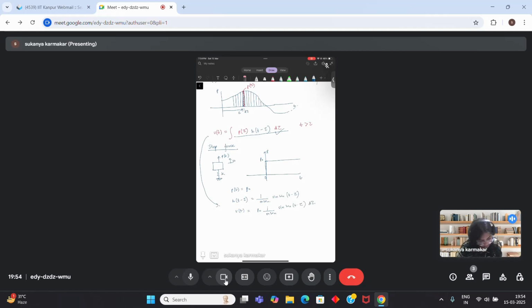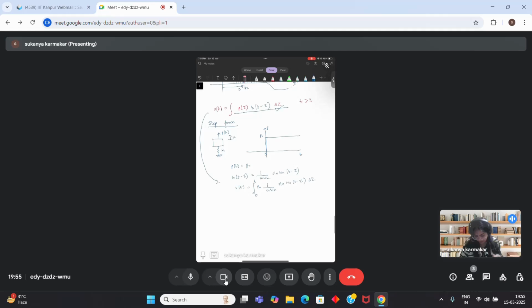You integrate it from time 0 to t. Now, if I integrate it, it will be equal to P naught by m omega n.